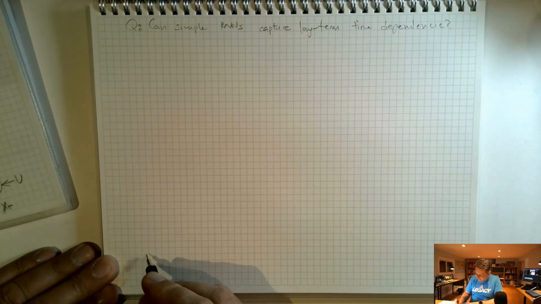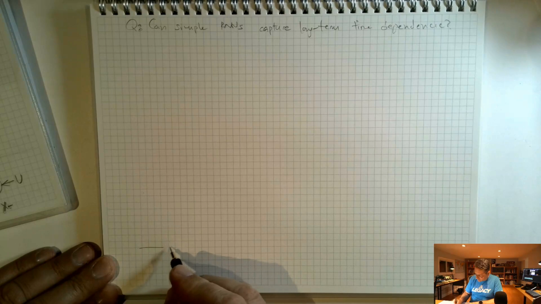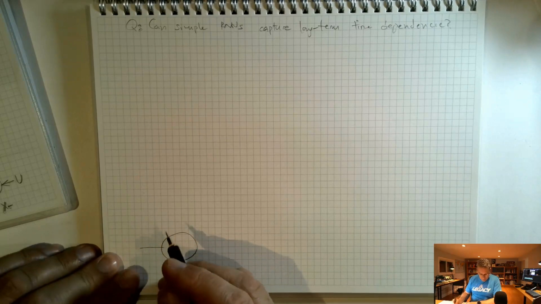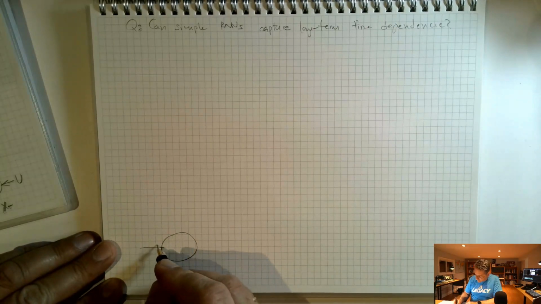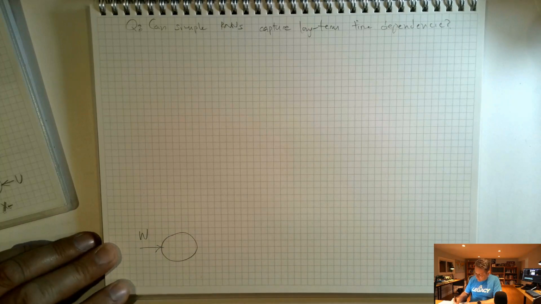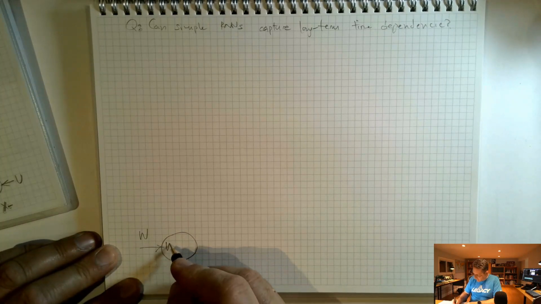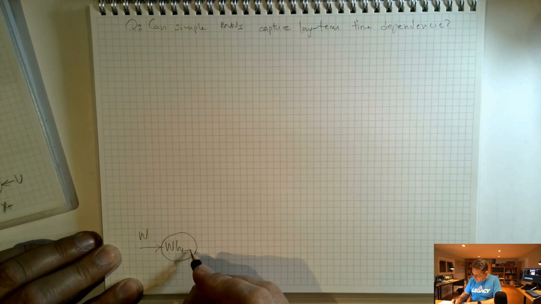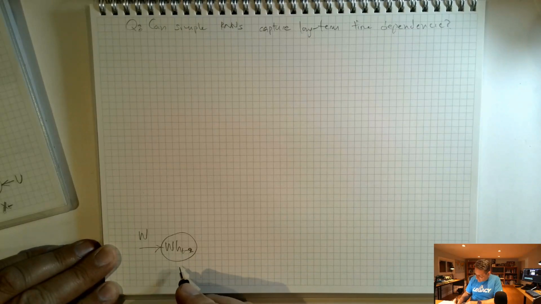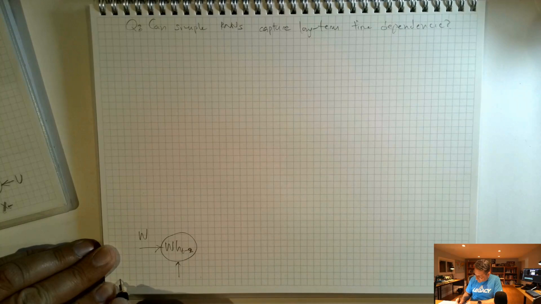So we have some gates that are associated with the matrix W, as we have seen, multiplying a hidden state ht minus 2, which is itself coming in from the previous unrolling instance.